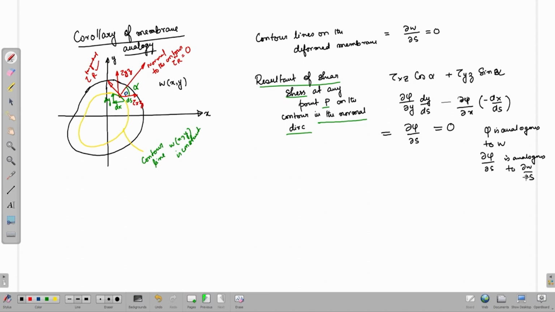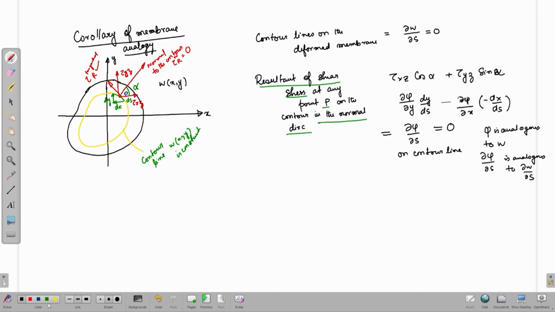Now, since del w by del s is 0 on the contour line, del phi by del s is also 0 on the contour line. Therefore, the resultant shear stress in the normal direction is going to be 0 at that point.